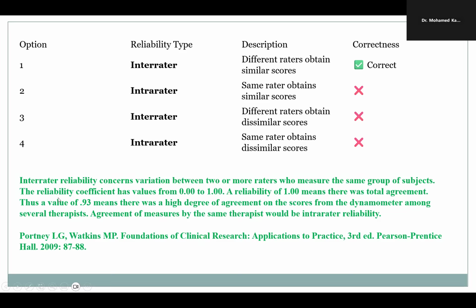So a score of 0.93 means that we have a high degree of agreement, or high reliability, of the results which were obtained from dynamometer use among several therapists. And that's why option one was the correct answer.